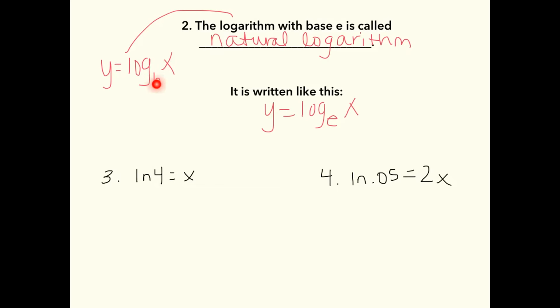So we put that e as the base. This log base e is a natural log, and you actually have that button on your calculator, ln x. So this is a natural logarithm.